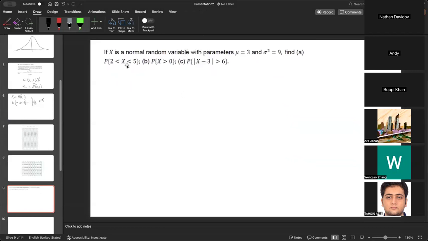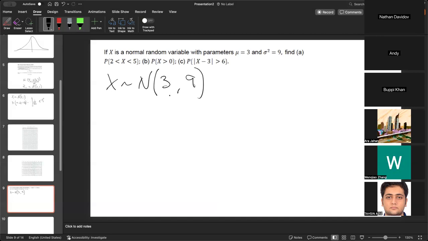So if X is a normal random variable with parameters mu equals 3 and sigma squared equals 9, find the following values. So X is a normal distribution with the parameters 3 and 9. This is not the standard normal, but it's a normal distribution. Normal distributions, like Bernoulli trials, are parameterized by a family.